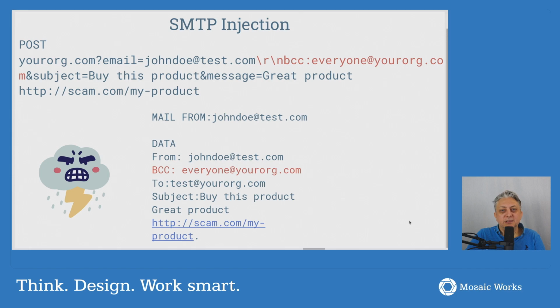Now, this is an example when you are sending this email to somebody inside your organization. But what if you are doing the BCC towards somebody outside your organization, like a client? And you say to a client, look, this is a great product. It's one of our products.